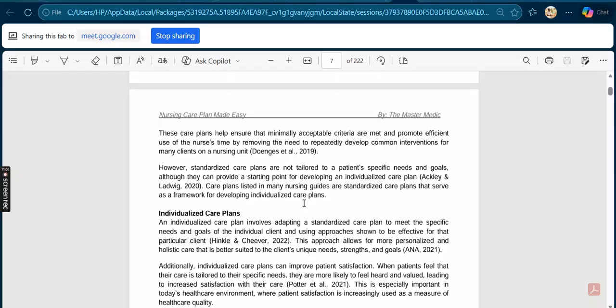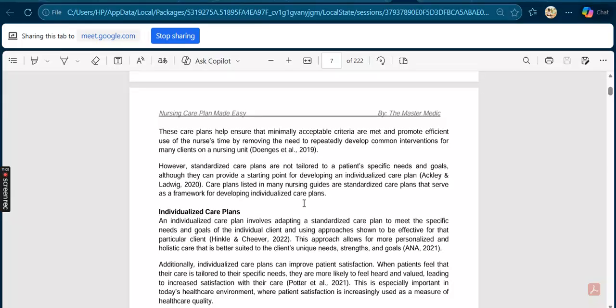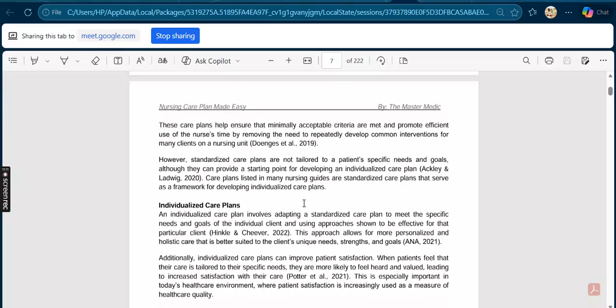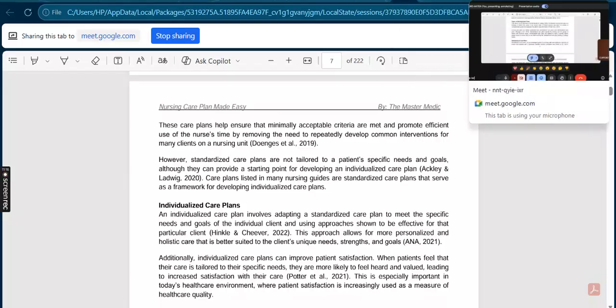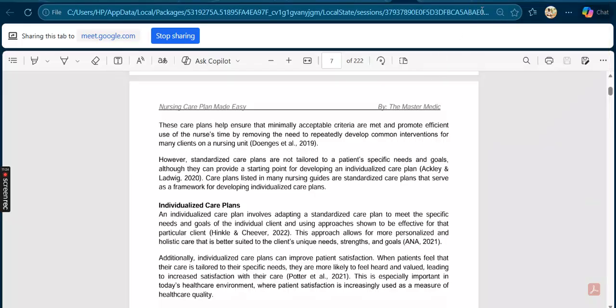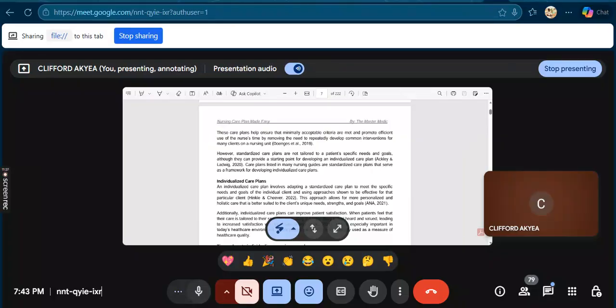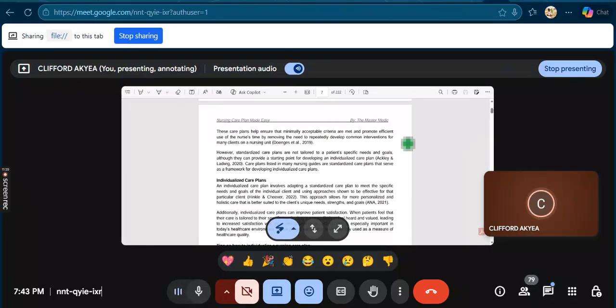Care plans listed in many nursing guides are standardized care plans that serve as a framework for developing individualized care plan. So when we come to standardized care plan, let's say you've opened a book. I have this book as a soft copy, which I think is 11th something edition of Brunner something, and this one, it is standardized care plan. So let's say it is about respiratory problems, difficulty breathing.